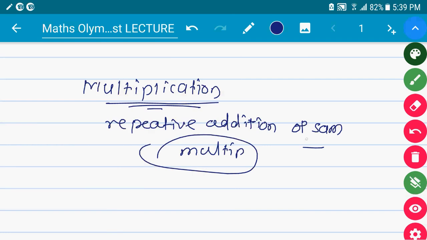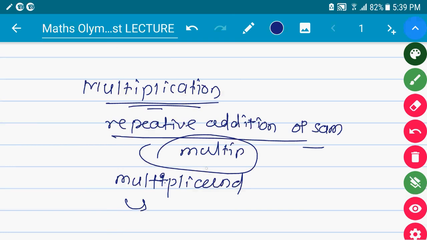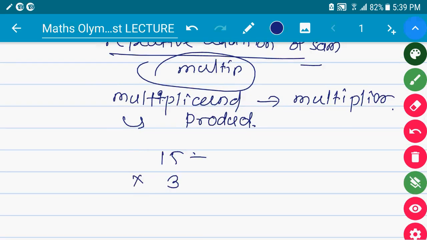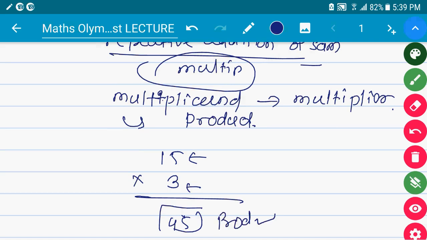The number which we multiply is known as the multiplicand, the result obtained is known as the product, and the number by which we multiply is known as the multiplier. Here, if 15 is multiplied by 3, 15 is the multiplicand and 3 is the multiplier, and the result obtained, which is 45, is known as the product.